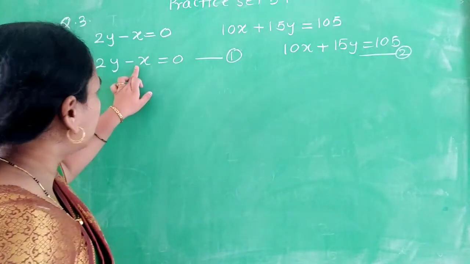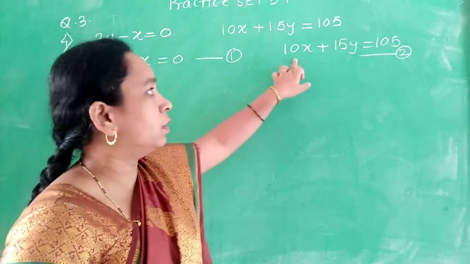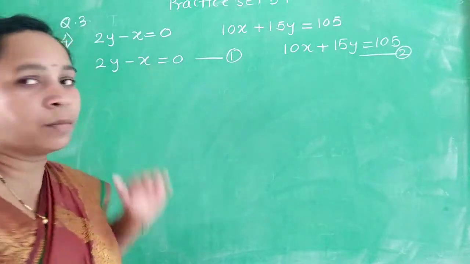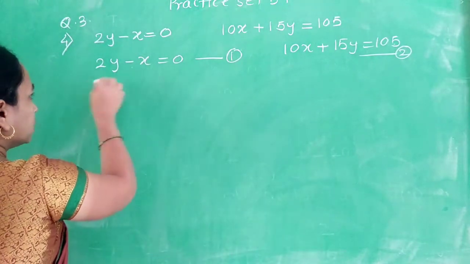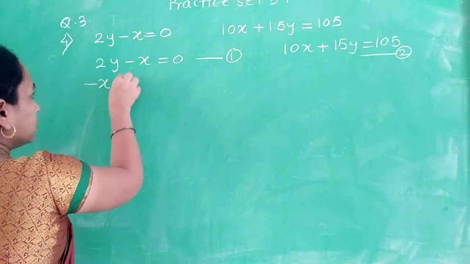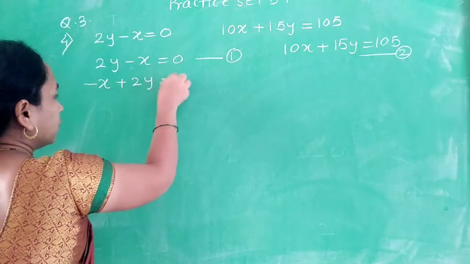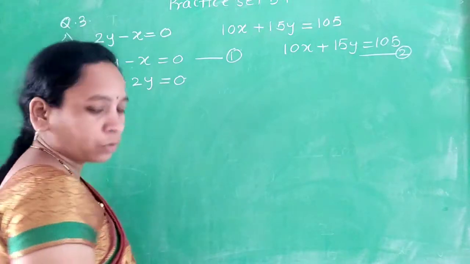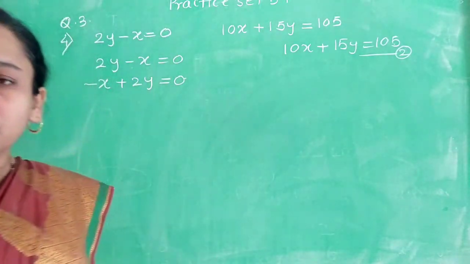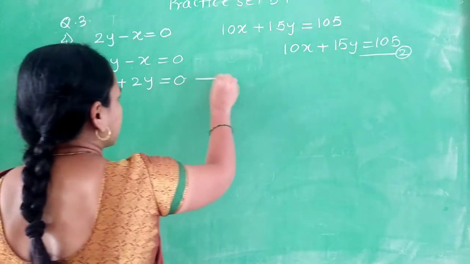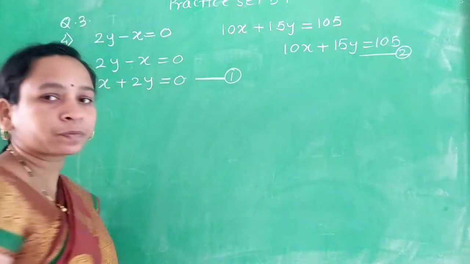Here we will make the coefficients of x equal, but these are not in proper order. So first we will arrange it in proper order. So minus x plus 2y is equal to 0. I will make one correction: instead of assigning the other, I will assign this equation as the first equation.